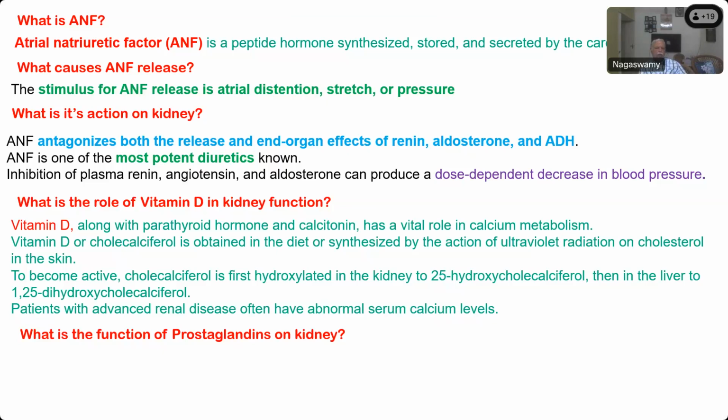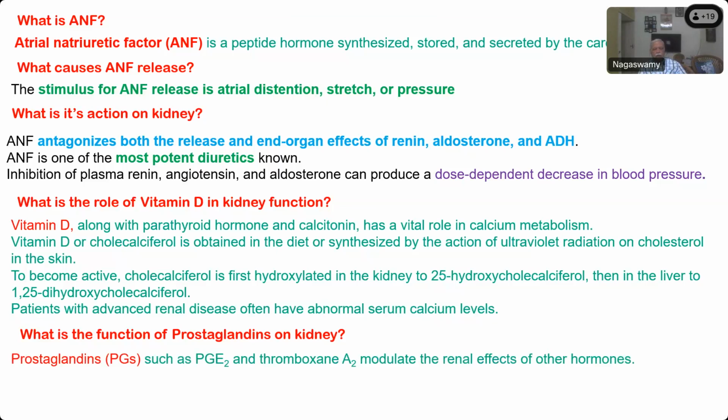Okay, both are produced from the cell membrane, the conversion of arachidonic acid into both prostaglandin and thromboxane all belong to the same group, but with opposite effects. So prostaglandin PGE2 and thromboxane A2 modulate the renal effects of other hormones. Prostaglandin is a vasodilator, whereas thromboxane A2 is a vasoconstrictor, because it contracts the vascular smooth muscle.